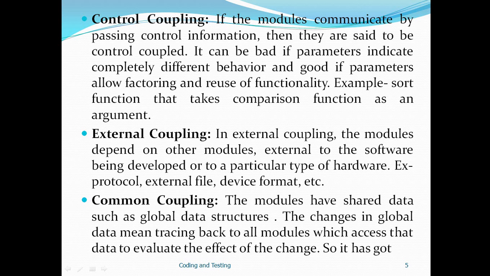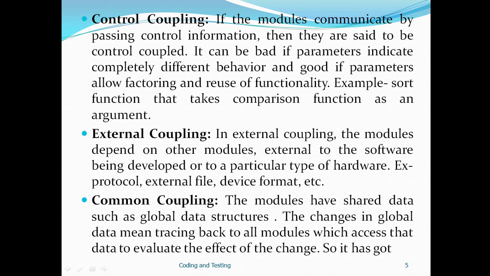For example, a sort function that takes a comparison function as an argument. When we give the parameters in the sort function, it will be permanently sorted in ascending order. These types of techniques are used in control coupling.